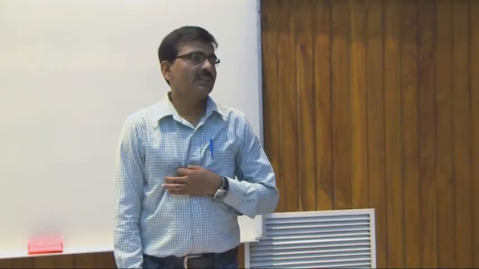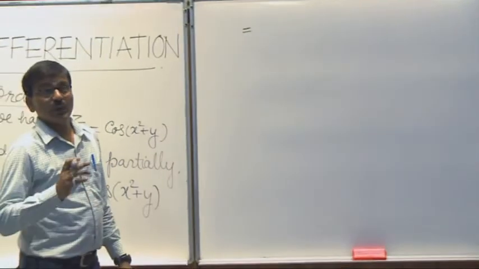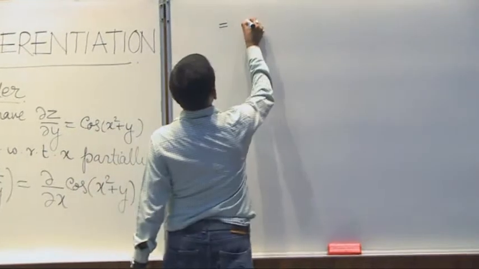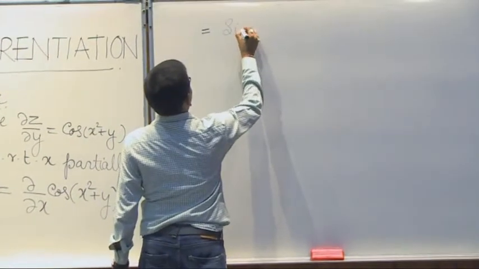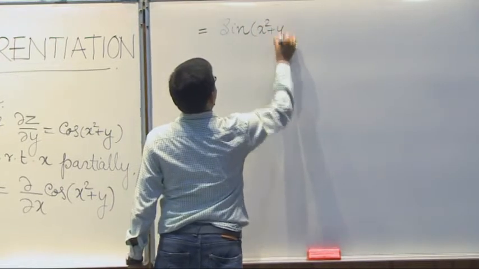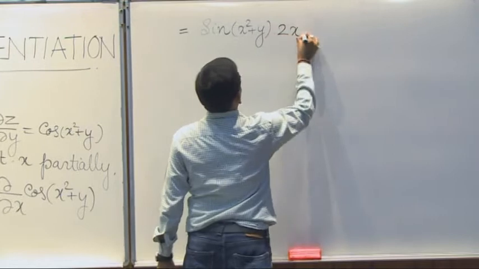Anyone of you will try? Yes, cos will be sine. Okay, I am writing it. You have to tell me whether I am writing it right or wrong. Sine of x square plus y, dot 2x.